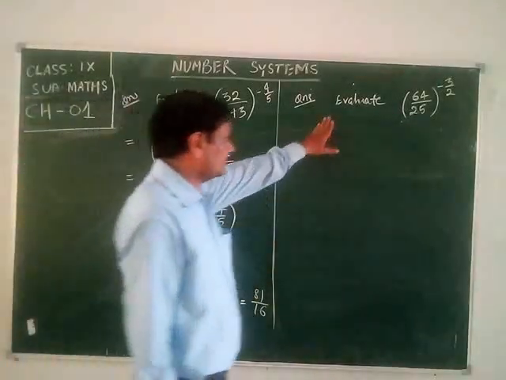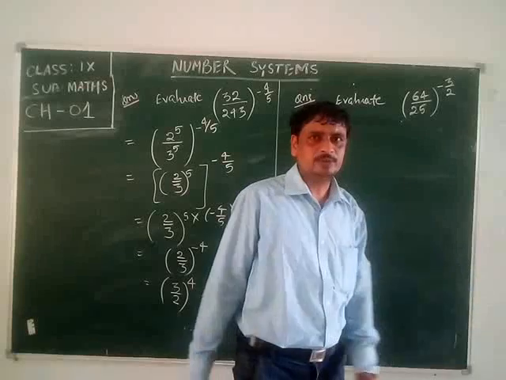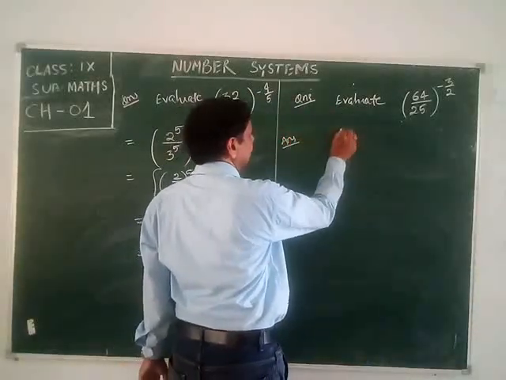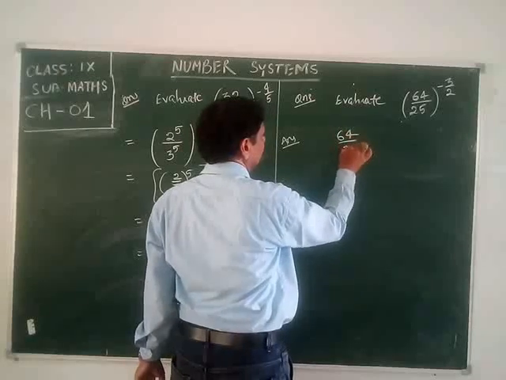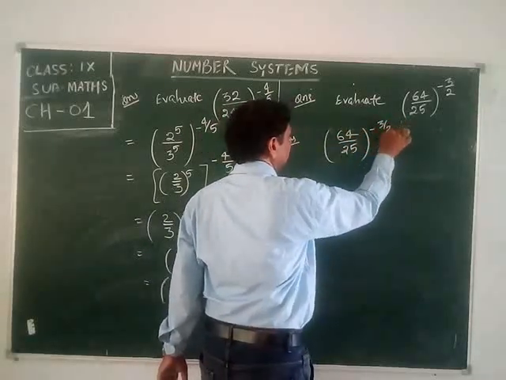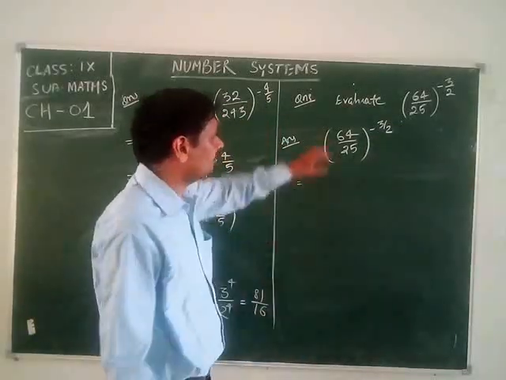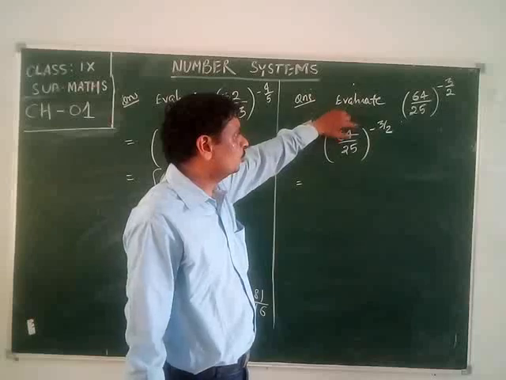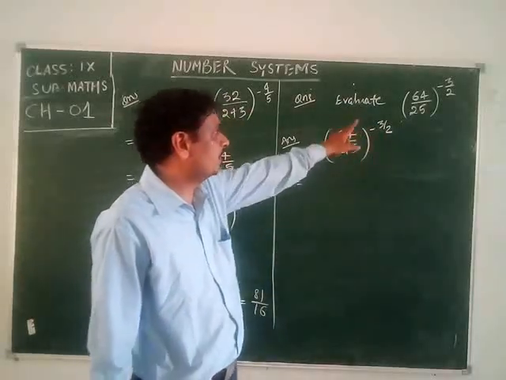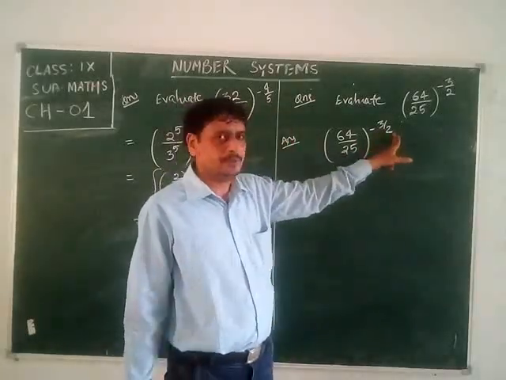For the second case, that is 64 by 25 whole to the power minus 3 by 2. This can be written in the form of a natural number with power 2. This 64 can be represented with power 2 and 25 also can be represented with the power 2.